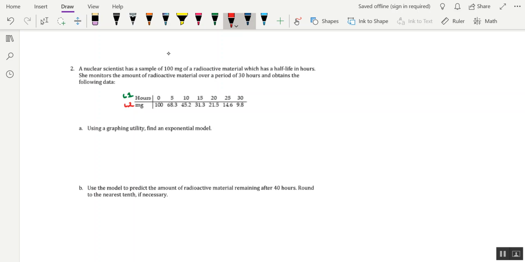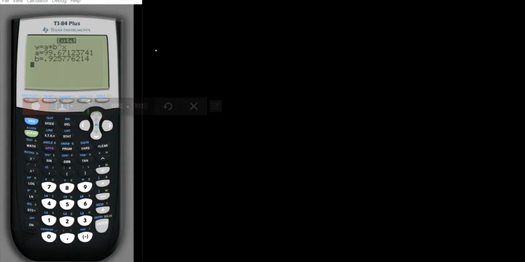Okay, so the value of a, and I'm going to round this to 4 decimal places, is about 99.6712, and the value of b is about 0.9258. Let me just make sure that I have those digits correct. Yep, looking good.